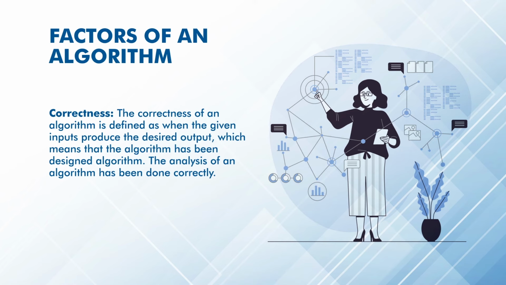Correctness. The correctness of an algorithm is defined as when the given inputs produce the desired output, which means that the algorithm has been perfectly designed, and we can say that the analysis of the algorithm has been done correctly.